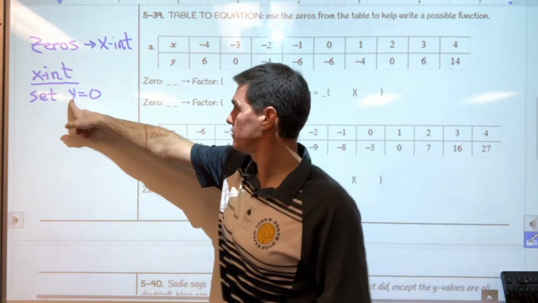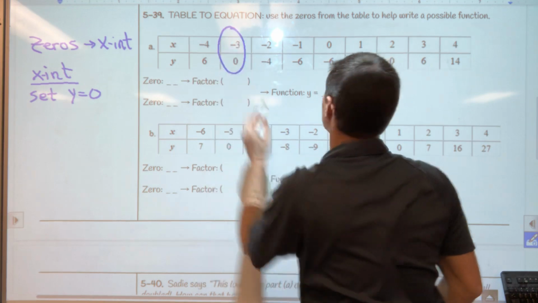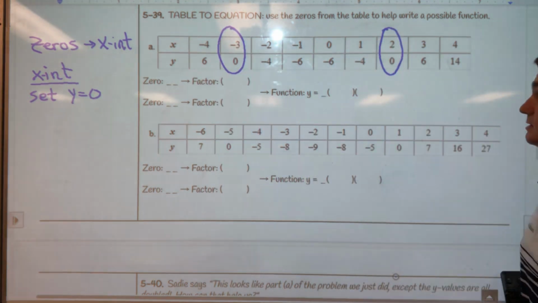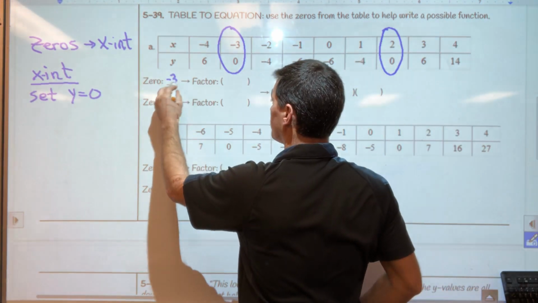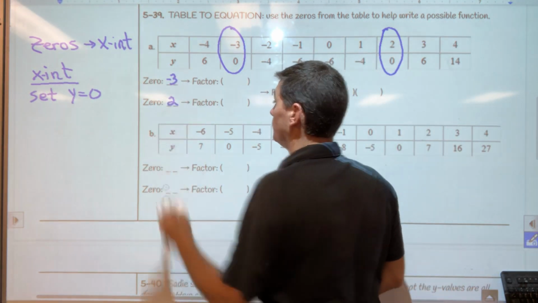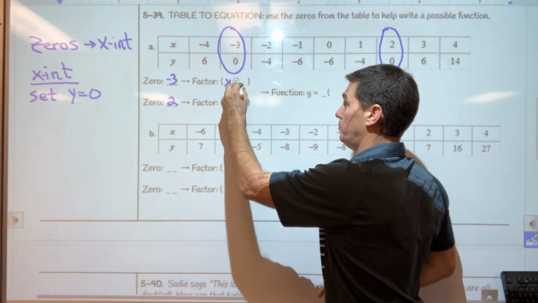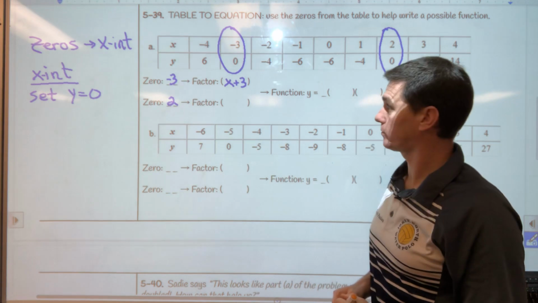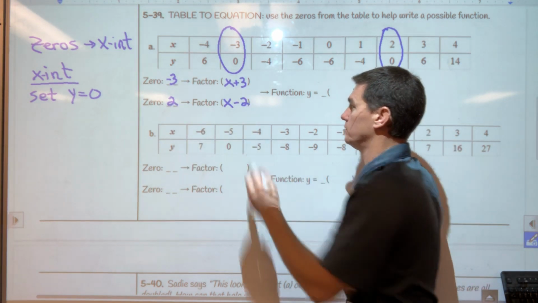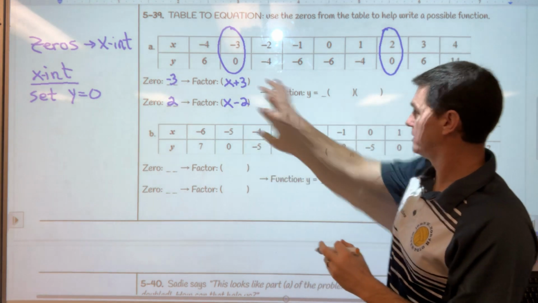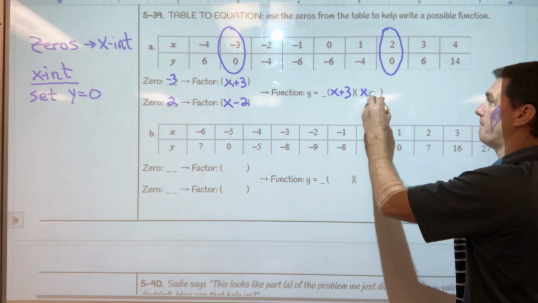Well, if the x-intercepts take place when y is 0, then I should be able to find my x-intercepts. Okay, so I know my zeros are at negative 3 and at 2. So what factor goes with negative 3? X plus 3. And for the 2, it's x minus 2. And so I put these together to write my function, x plus 3, x minus 2.